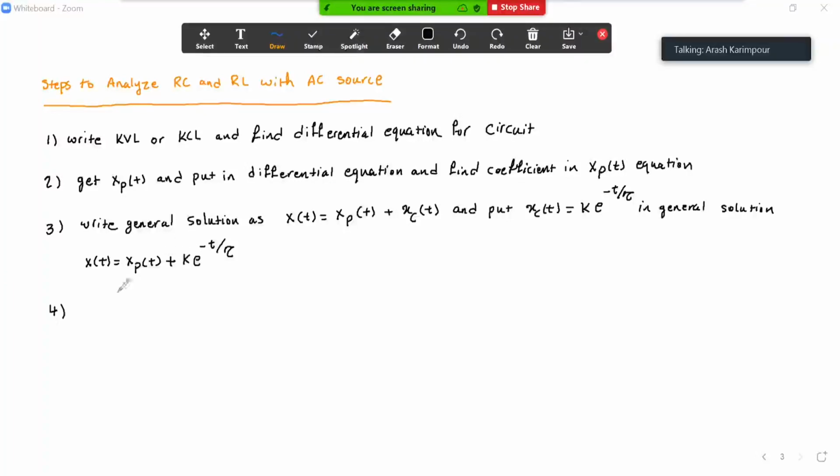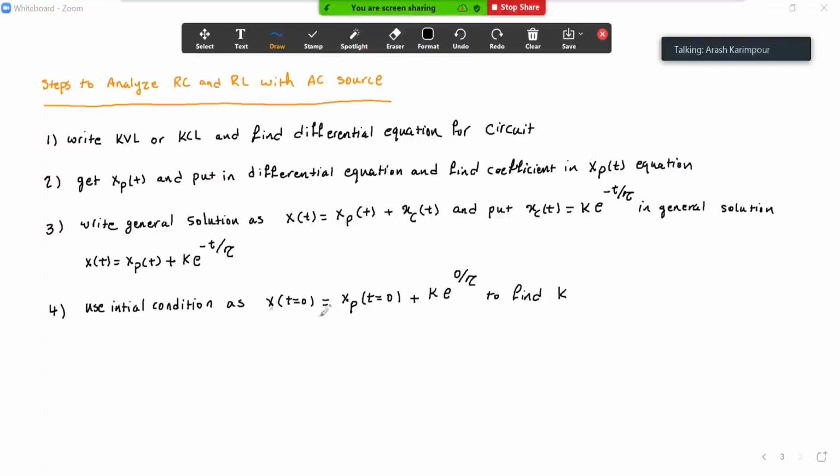So to find the k, we use the initial condition as x(t=0) is equal to xp(t=0) plus k e to the power of 0 divided by tau, to find the k.